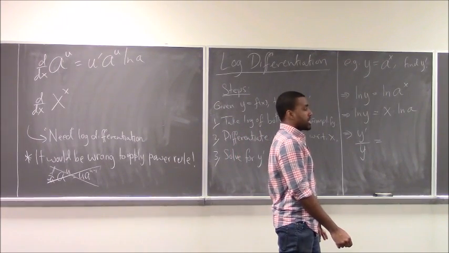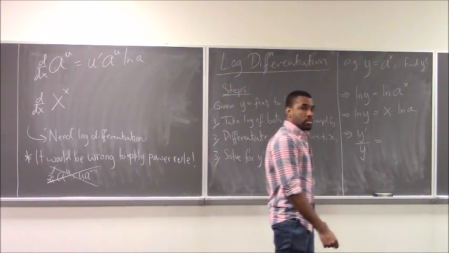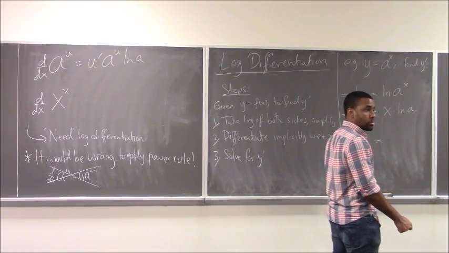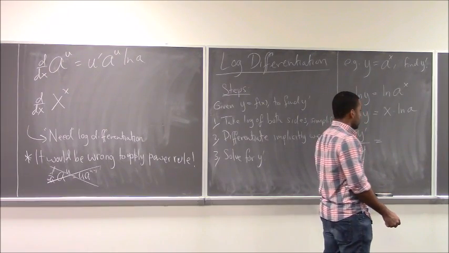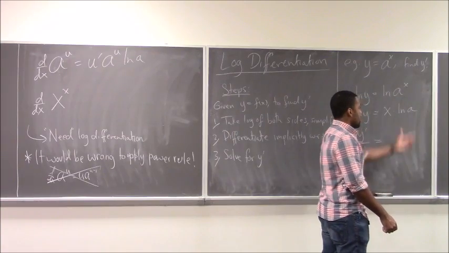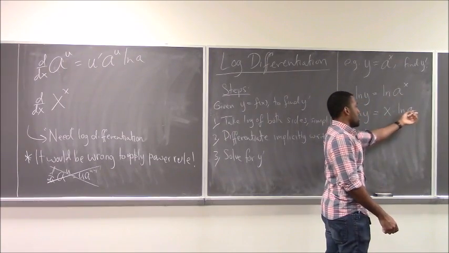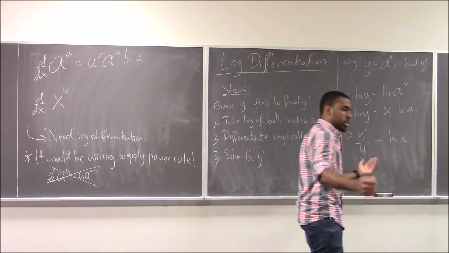So we're taking x times a constant. Let's derive x times a constant. If you have a constant times a function, the derivative is just the constant times the derivative of the function, which is just 1. So that's just ln a. The derivative of x times a constant is just a constant.